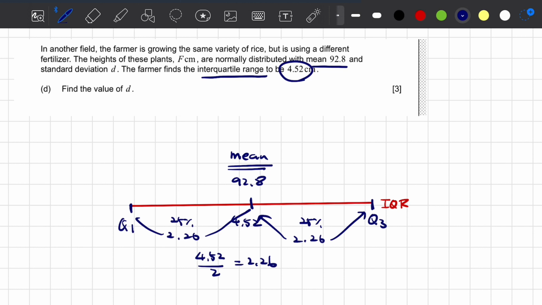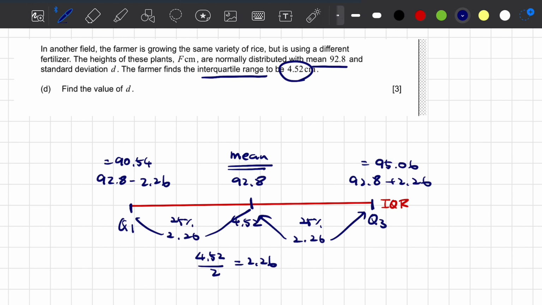That means our Q1 value is 92.8 minus 2.26, which is equal to 90.54, and then Q3 value is 92.8 plus 2.26, which is equal to 95.06.